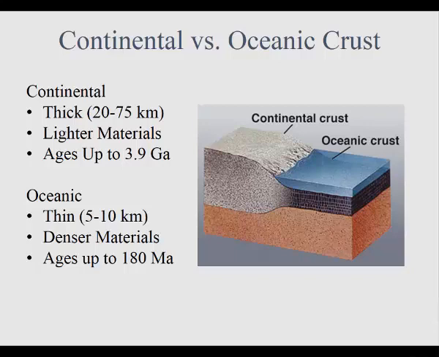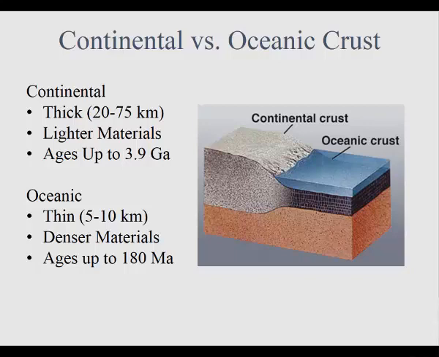Okay, so when we want to think about the mechanics of what happens along these different plate boundaries, we are going to need to understand that there are some differences in the material that makes up the continents, which form certain parts of plates, and the oceanic material that forms other parts of plates.